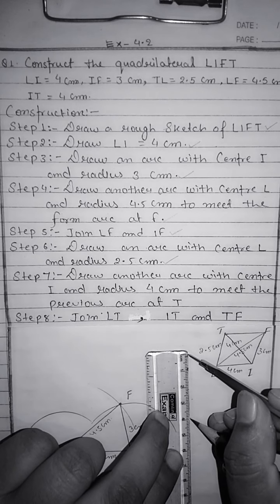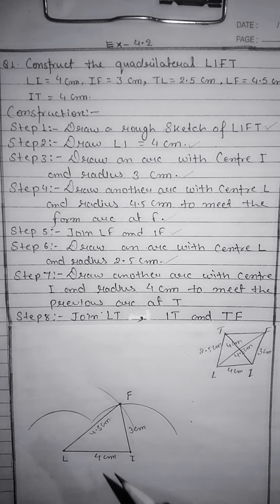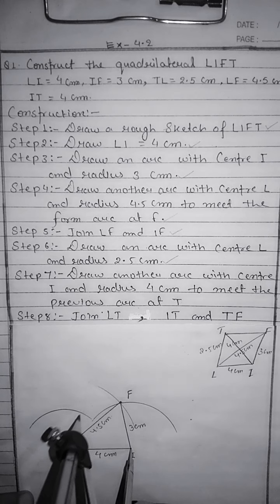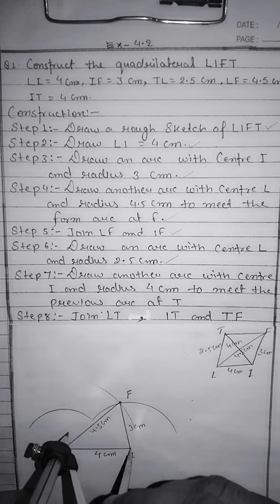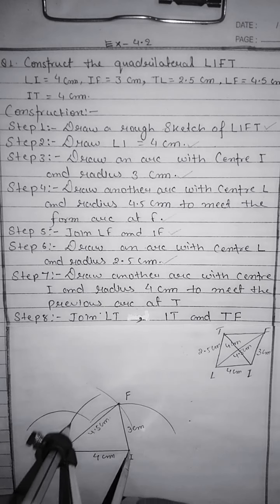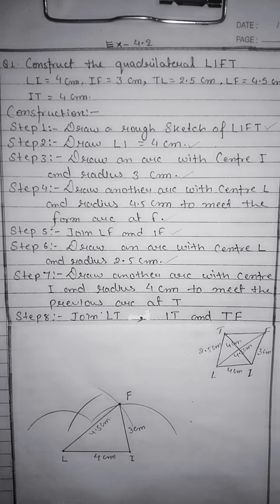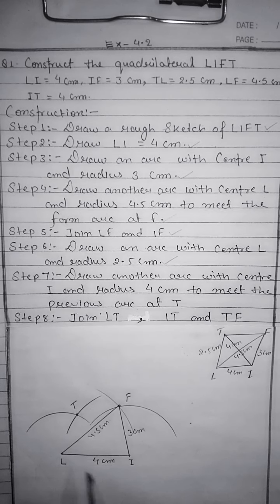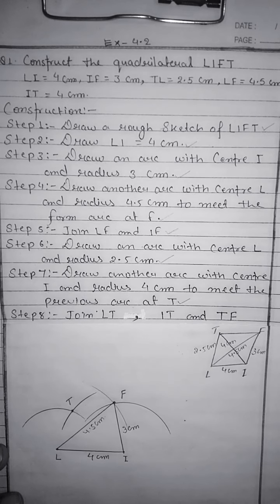According to step number 7, take I as a center and cut an arc of radius 4 centimeter at the previous arc at point T, means the intersection point of both arcs is T. So this is the intersection point and you can call it T. Now L, I, F and T. So step number 7 is completed.